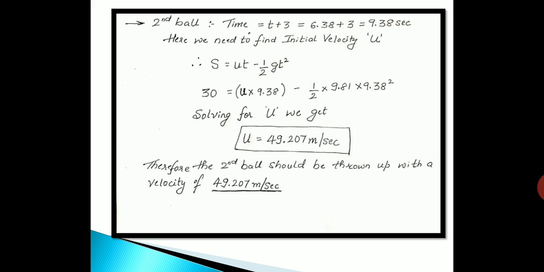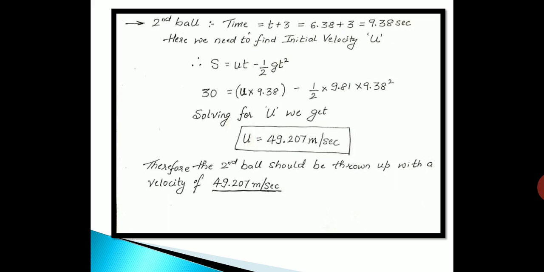As per our equation, the time required for the second ball to reach the same height is t plus 3 because that ball has been thrown with a delay of 3 seconds. Therefore the time required for the second ball is 6.38 plus 3, which gives us 9.38 seconds.